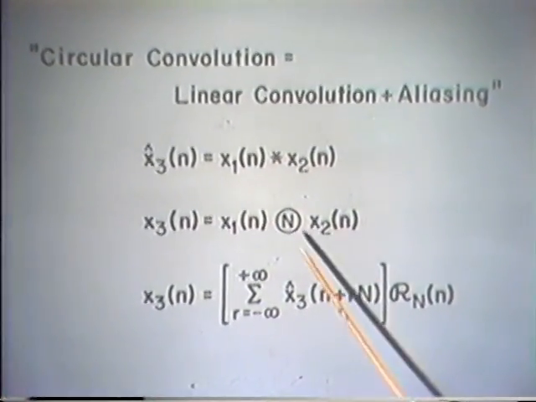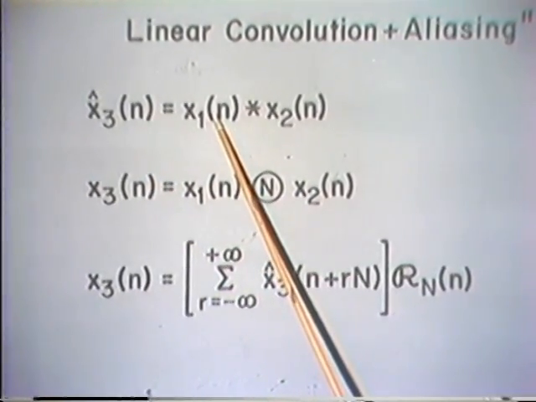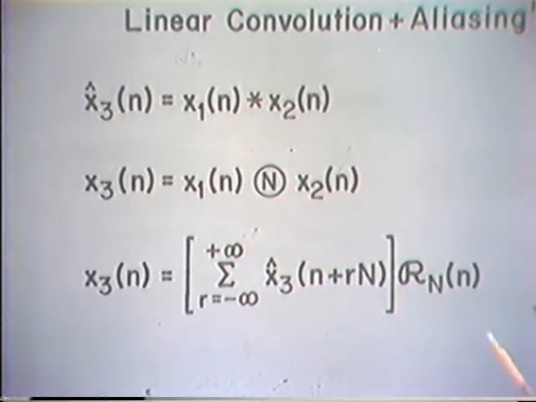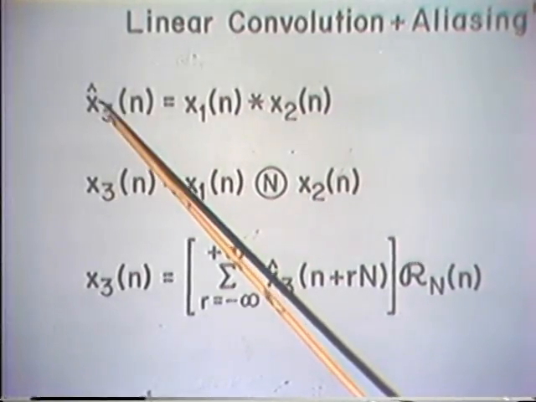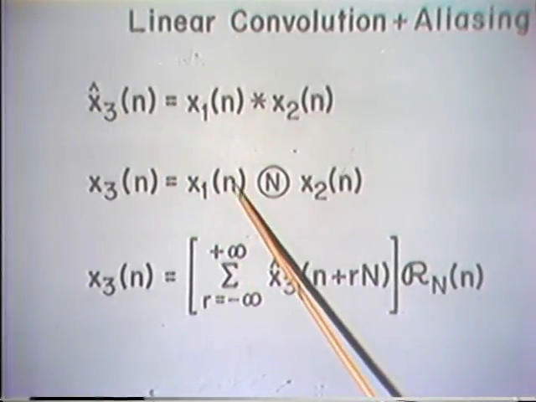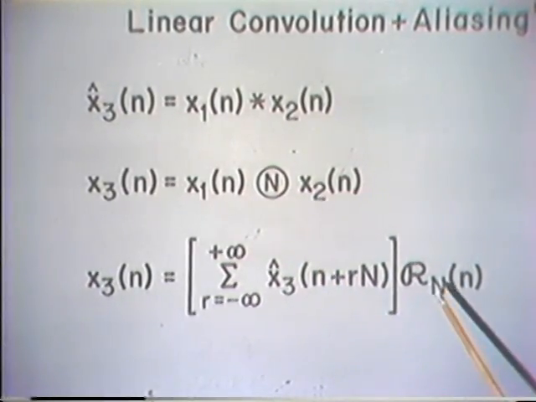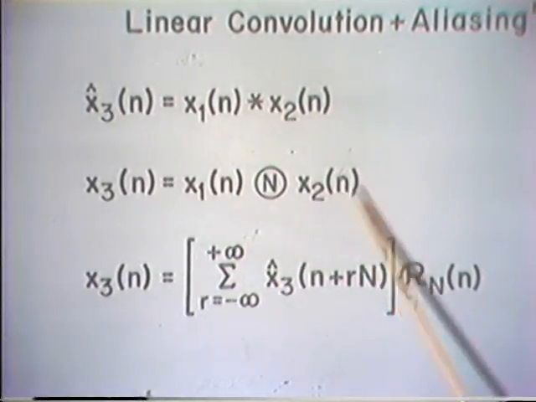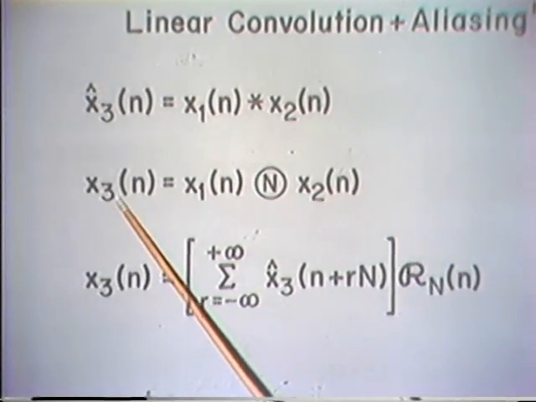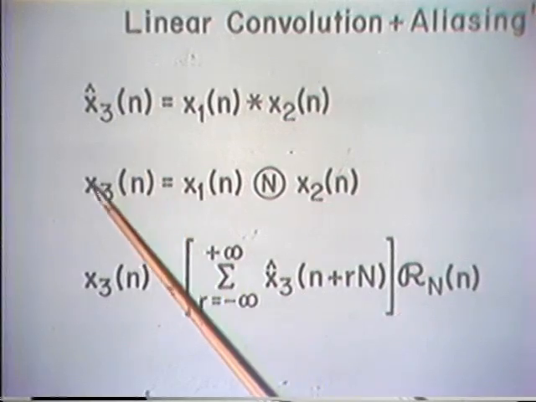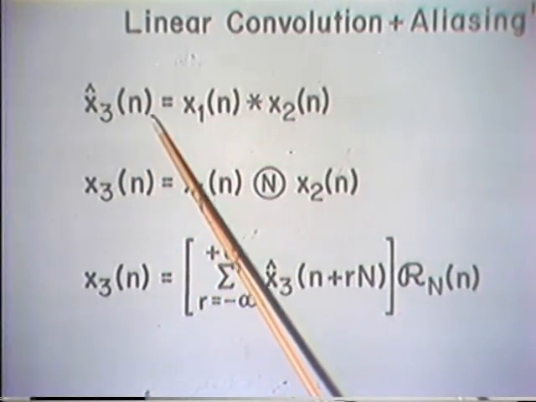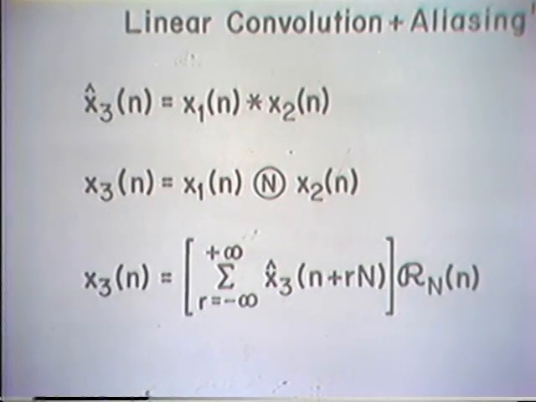What I mean by that is that if I have the linear convolution of x1 of n and x2 of n, which I'm denoting by x3 hat of n, and I want the N-point circular convolution of x1 of n with x2 of n, I can get it from the linear convolution by convolving it with a pulse train with a spacing of capital N, or equivalently adding it to itself, delayed by capital N, 2 capital N, minus 2 capital N, etc., and then extracting a single period.